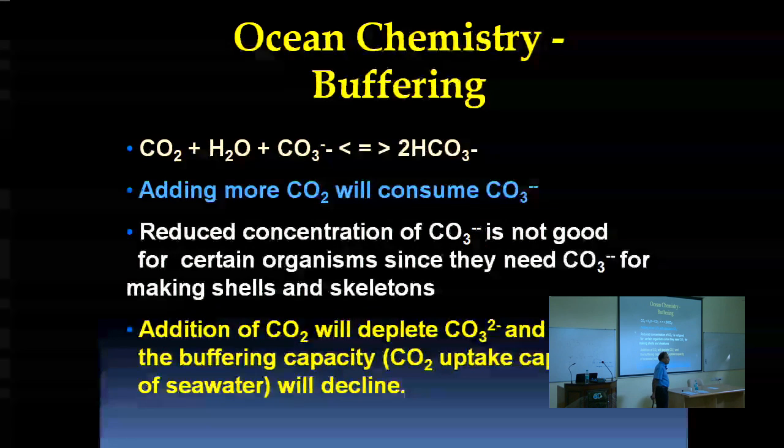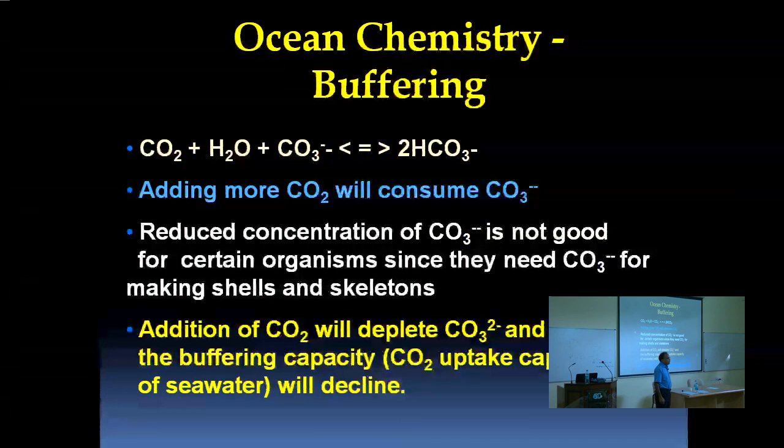Otherwise, if carbonate ions are not there in the ocean, it is merely production of carbonic acid, that's it. So the ocean is right now taking more carbon dioxide because of the presence of carbonate ion in the ocean. This is what is called buffering capacity.